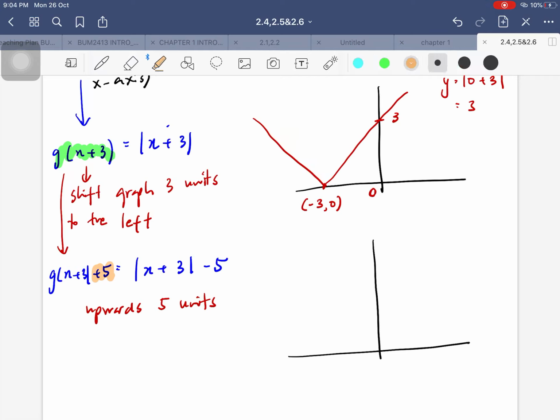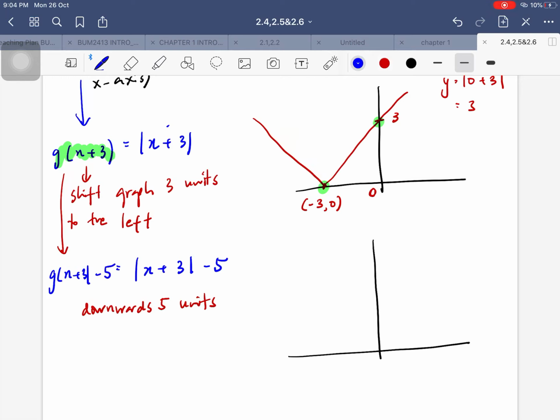So again, all you have to do is capture the important points, which for this case, I think would be this turning point and also the intercept. So you just shift it downwards 5 units. That's minus. Sorry about that. So this is downwards.